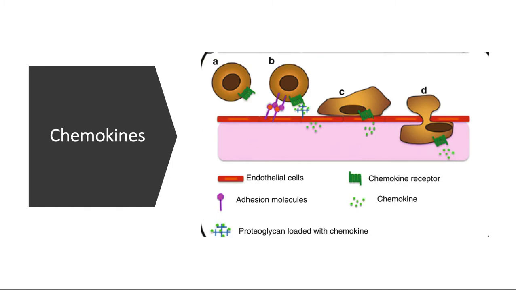They are classified into 4 major groups according to the arrangement of cysteine residues in the proteins. CXC chemokines act primarily on neutrophils. Interleukin 8, now called CXCL8, is typical of this group.